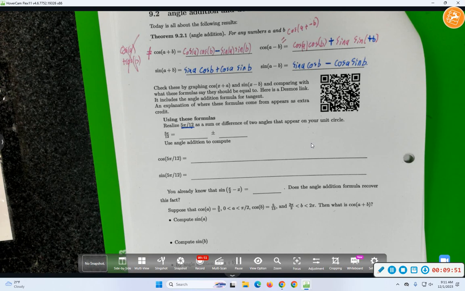In fact, let's try to guess one. Give me two angles that appear on your unit circle, which you think might have some chance of adding up to 5 pi over 12. If they don't, then we'll just tweak it. So give me an angle that's on your unit circle.